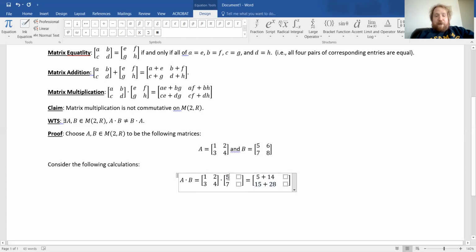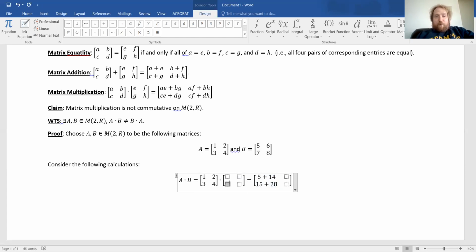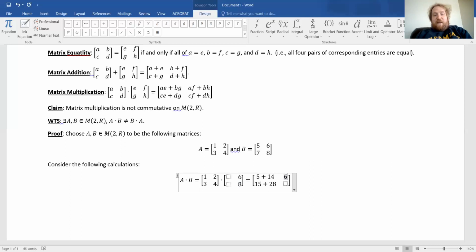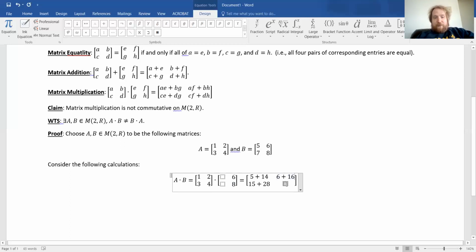Now we'll put in the second column. 1 times 6 is 6, plus 2 times 8 is 16. 3 times 6 is 18, plus 4 times 8 is 32.